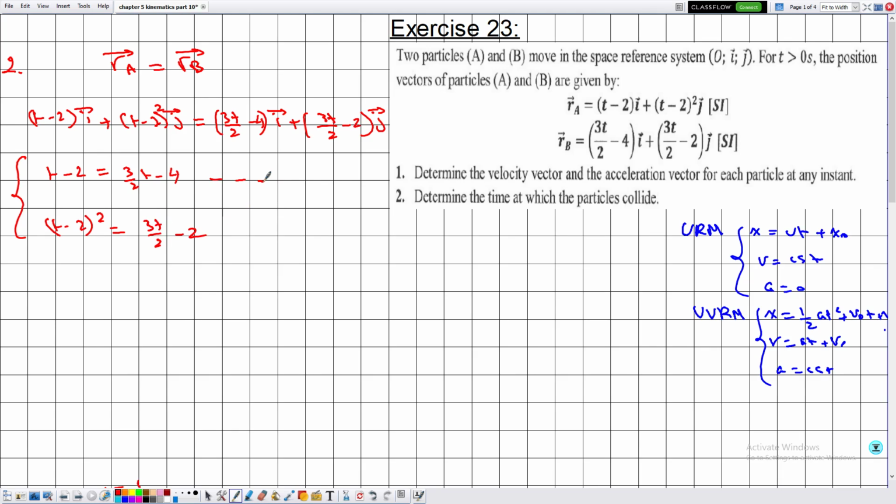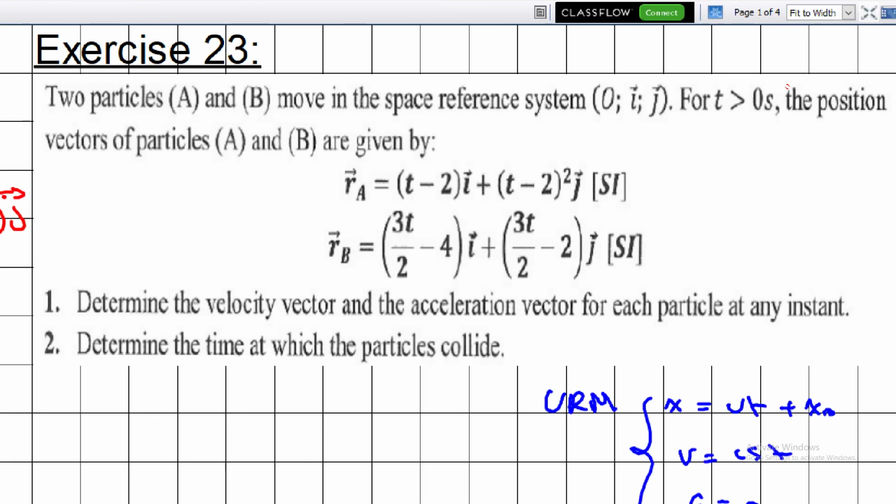This is equation number 1 and this is equation number 2. We need to solve both equations simultaneously, and any value of t which is negative is rejected because time is always positive, and moreover here they are telling me t is positive.